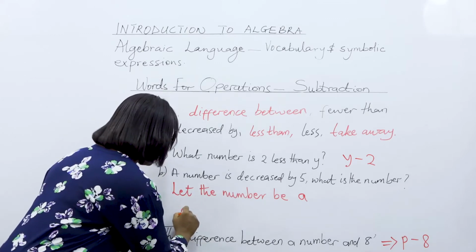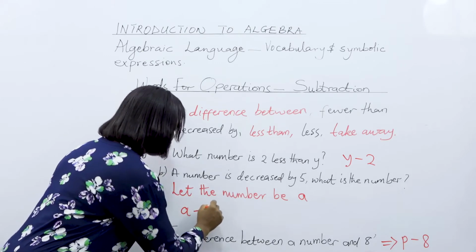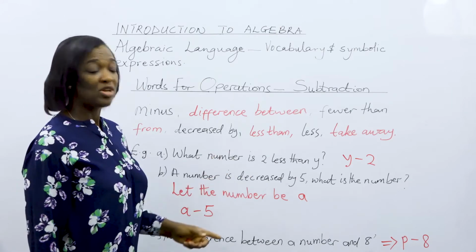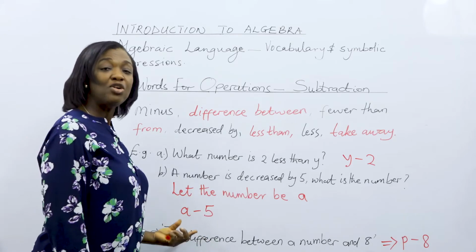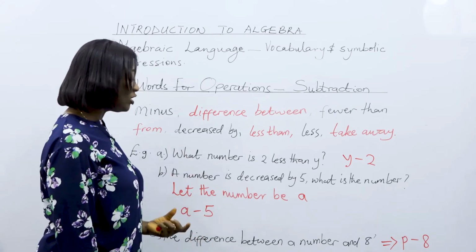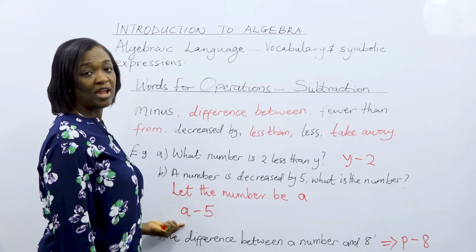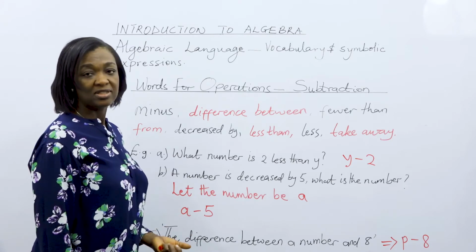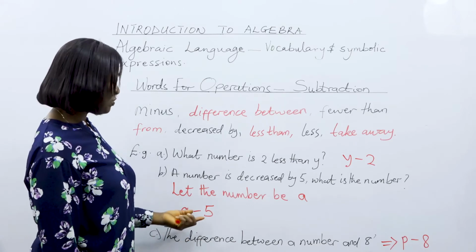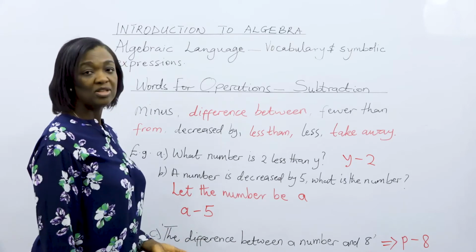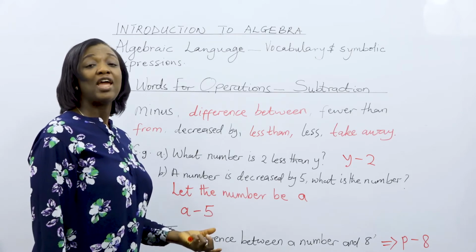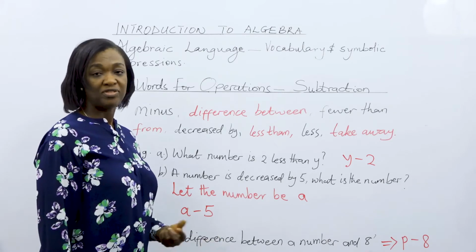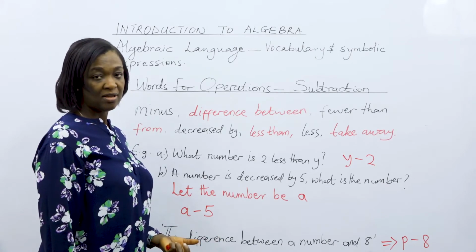So we have A minus 5. So the value of that number depends on the value of A. If I choose A to be 6, 6 decreased by 5 is 1. If I choose A to be 20, 20 decreased by 5 will be 15. I hope that is clear.